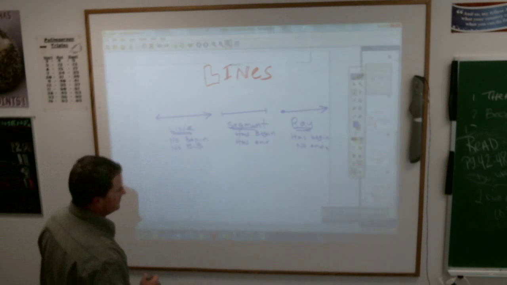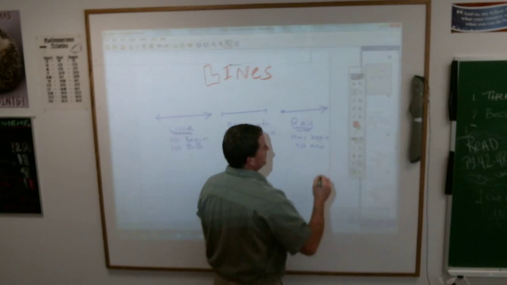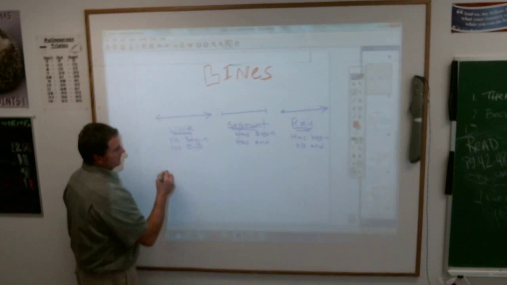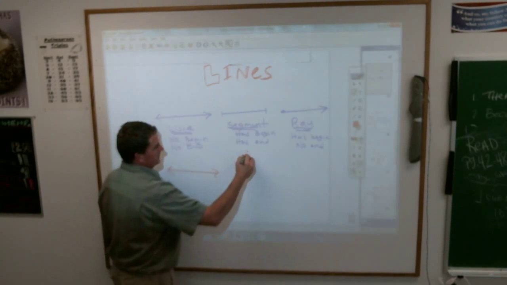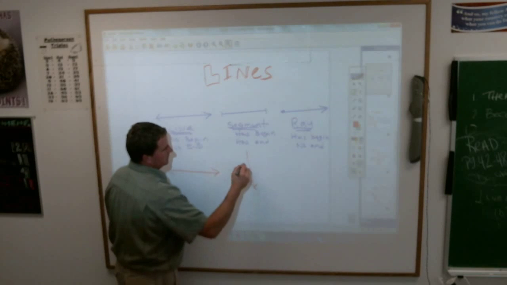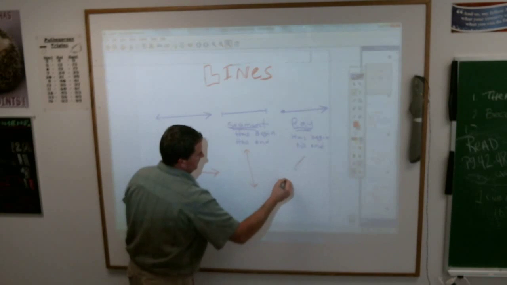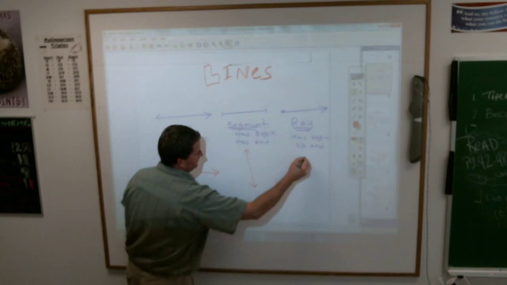Now with that, we've got some other definitions here. We've got lines that go like this, as opposed to lines that go straight up and down, as opposed to lines that are on some sort of an angle.